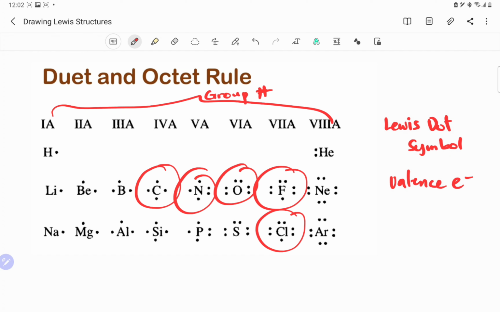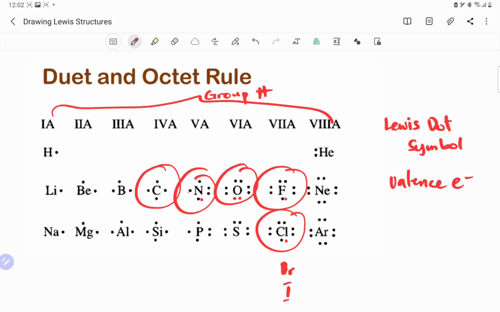The way they do that is that they will bond to another atom covalently para ma-attain nila yung octet rule. So that is why fluorine needs 1 electron from a nearby atom, and also chlorine, and also bromine and iodine. Okay, si oxygen, kailangan niya ng 2 electron sa another atom to complete its octet.